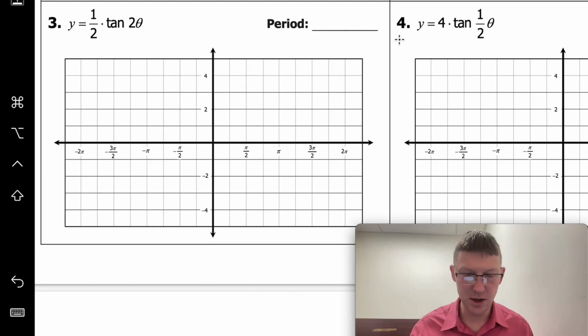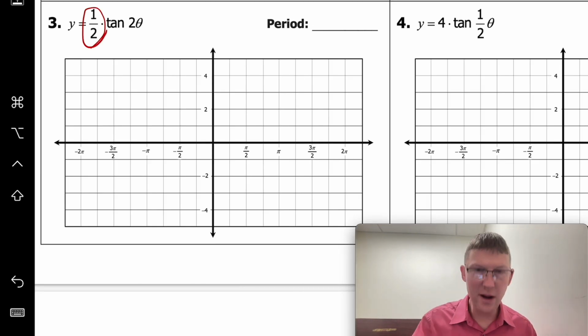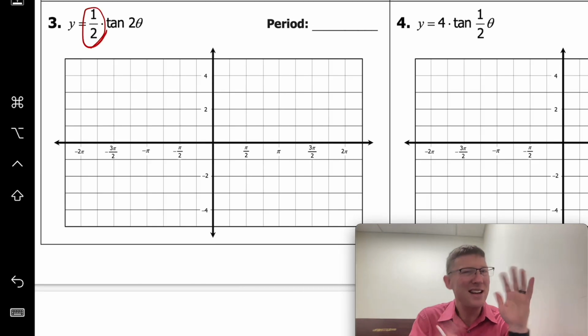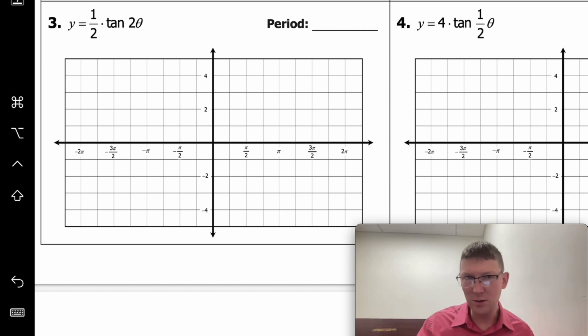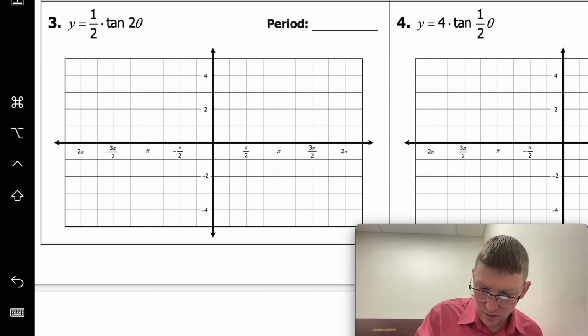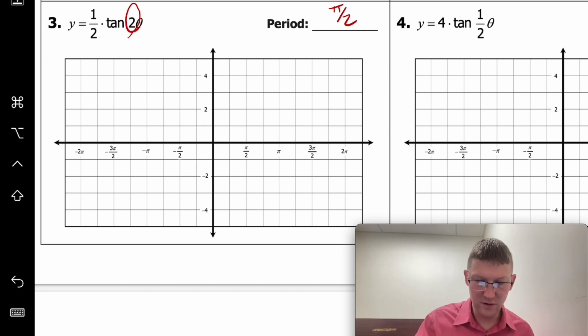But last, so we've got this one right here. Again, our amplitude gets smaller. It's not a real amplitude, but it kind of helps us draw a little bit better. Our period is going to be pi over 2, since we've got this 2 right here.